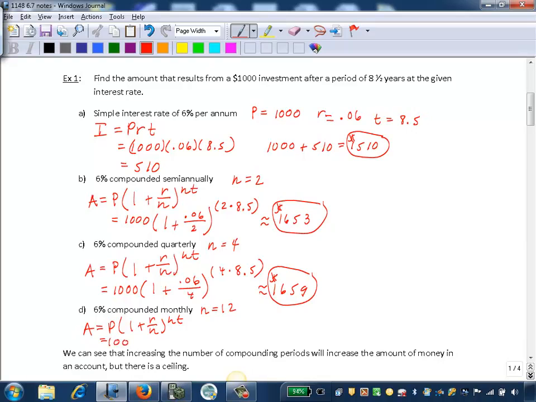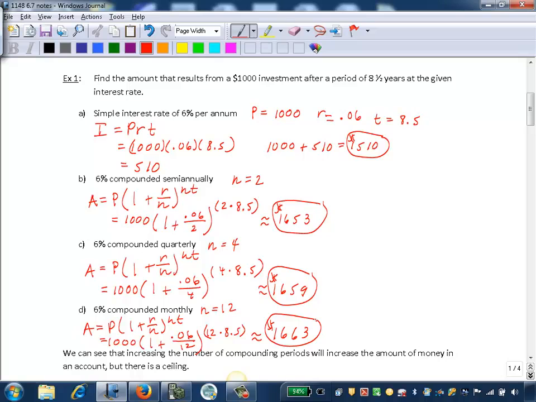So we'll get 1,000 times 1 plus 0.06 over 12 to the 12 times 8.5. And again, you can enter that into your calculator, and you're going to get approximately $1,663. So again, just even a fewer dollar difference here between the quarterly and the monthly.